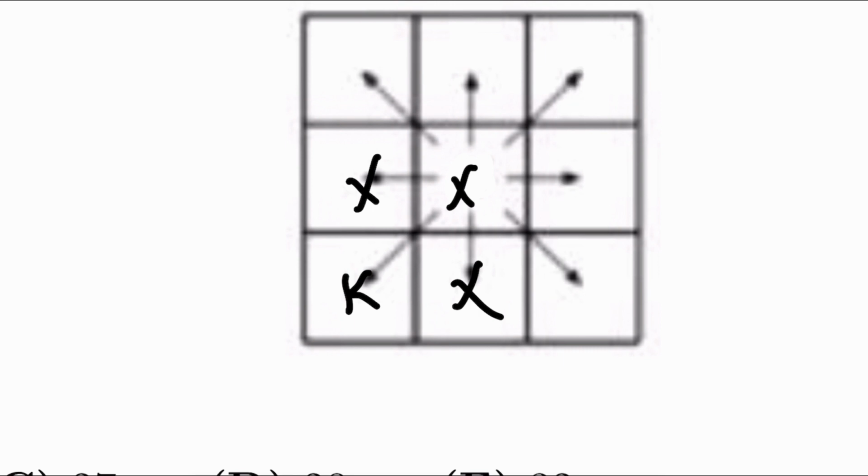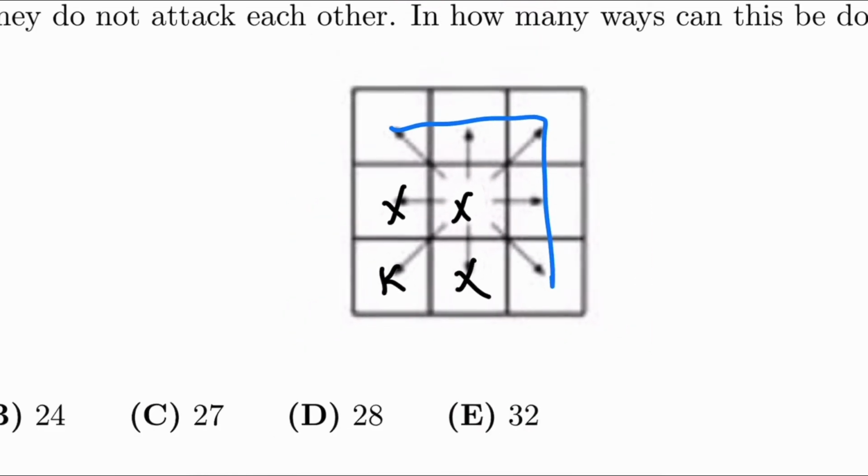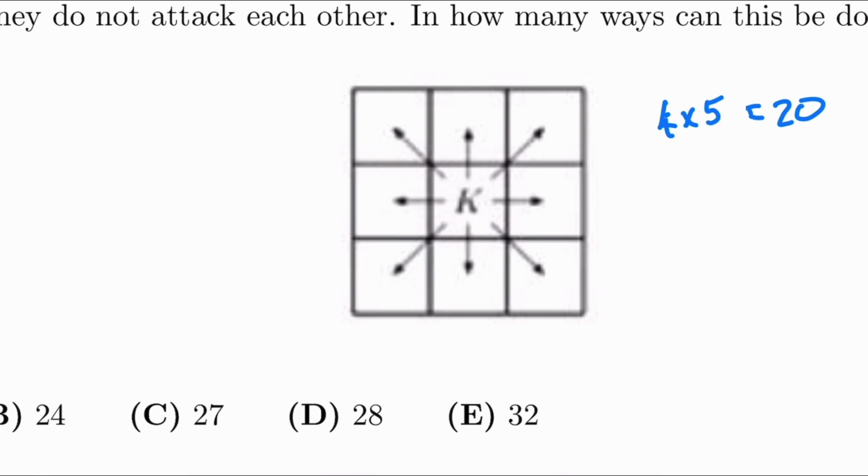White is not really drawable because the background is white, so I will use blue instead. So these 5 positions. So that would be 4 times 5, because there are 4 corners, 20 different ways. And now, if we put the king instead on one of the edges, let's say here, then it would attack here, here, here, here, here.